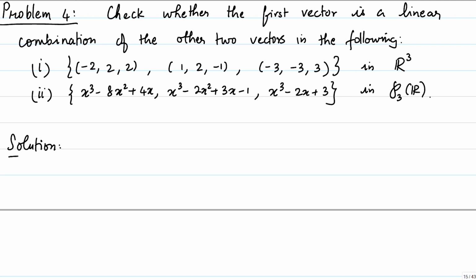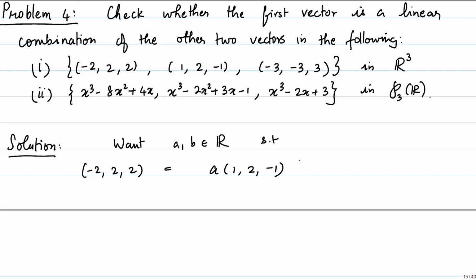So solution. We would like to see if we can find a, b in the field of scalars such that (-2, 2, 2) is equal to a times (1, 2, -1) plus b times (-3, 3).